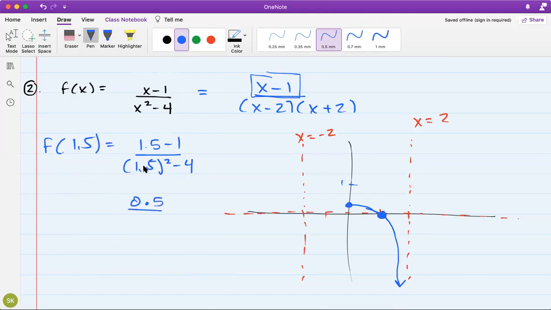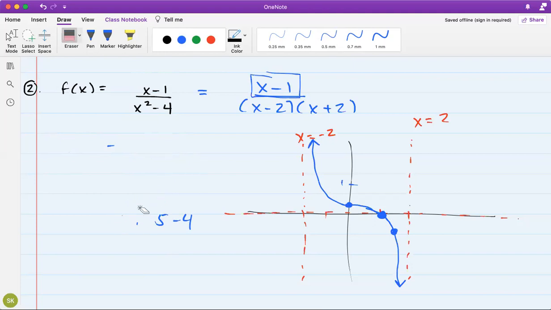On the bottom, 1.5 is less than 2, and 2 squared is 4, so this is definitely going to be less than 4. 1.5 squared is 2.25. If we subtract 4, you can see that on the bottom we get a negative number. So we'll have a positive over a negative, which is a negative number, which tells us we're going to be down here somewhere. Because this is the only place we cross the x-axis, we're not going to cross and go this way, because then that would be another x-intercept. So we have to go up like this.